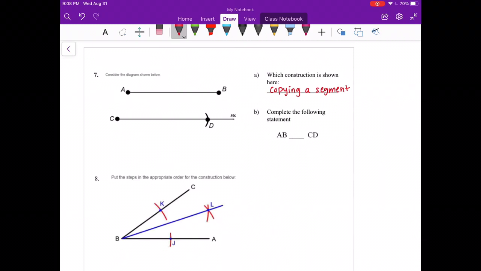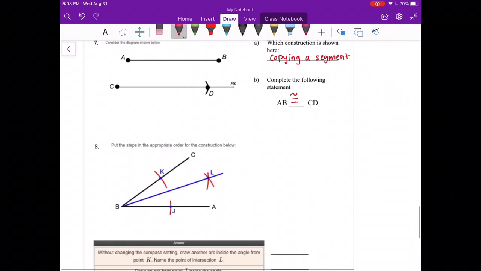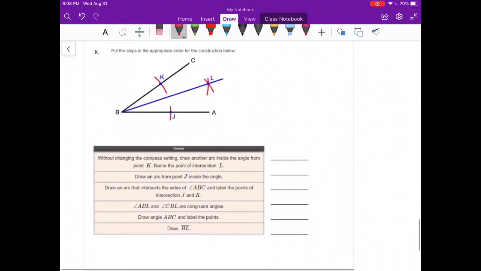When two things are the same, that means that they are congruent. So for part B, we should write the congruent symbol in the middle of this statement. So now let's move on to question number 8, the last question.